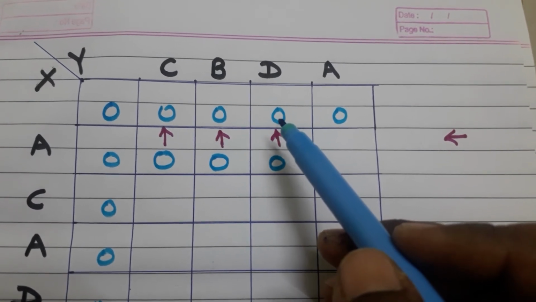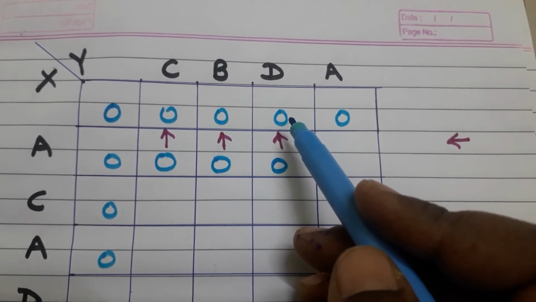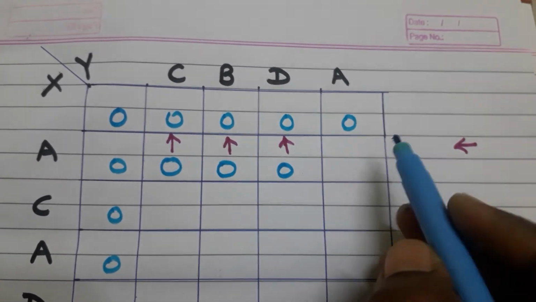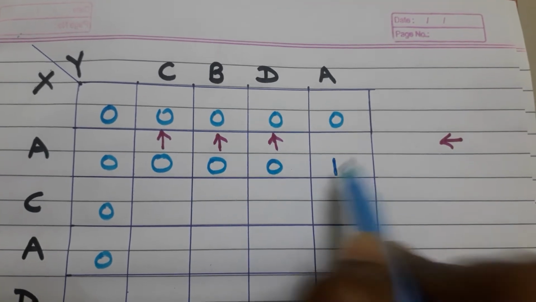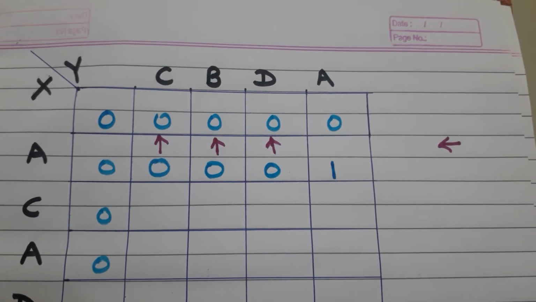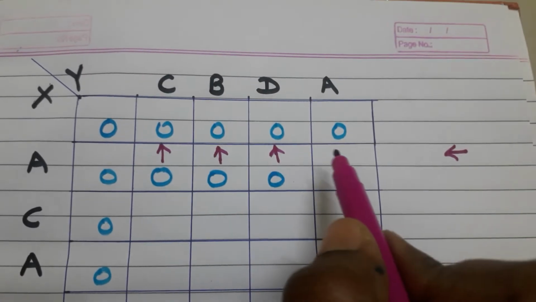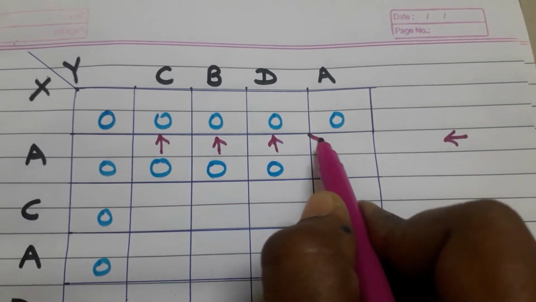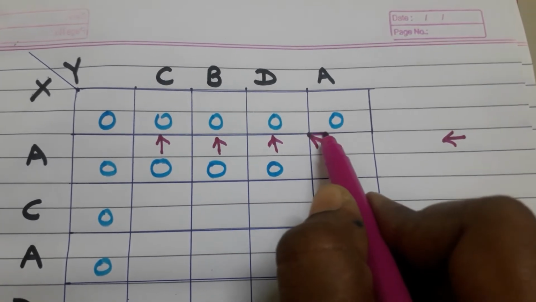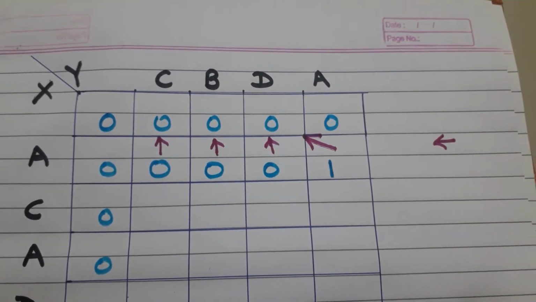So we add 1 to this diagonal element: 0 plus 1 is 1. Therefore we write 1 here. After that we have to point to the diagonal element, so I will draw an arrow like this, pointing to the diagonal element.